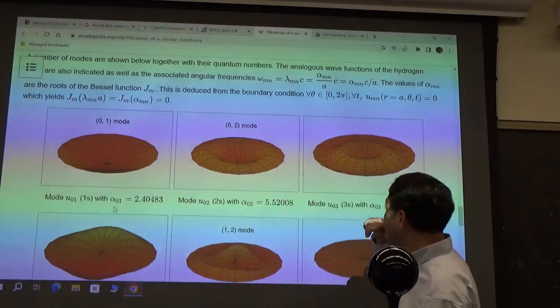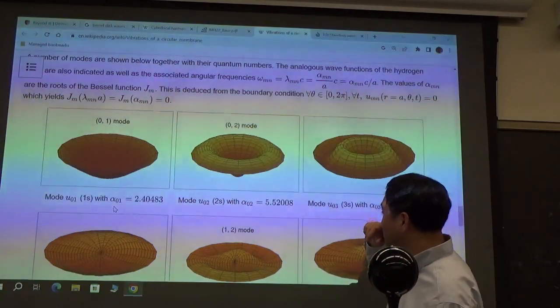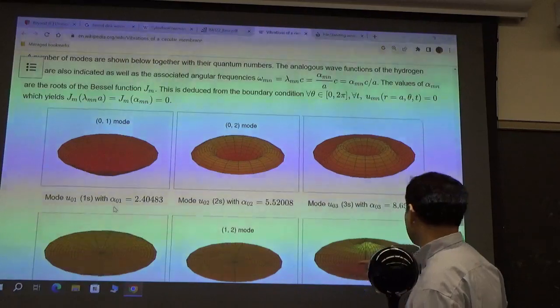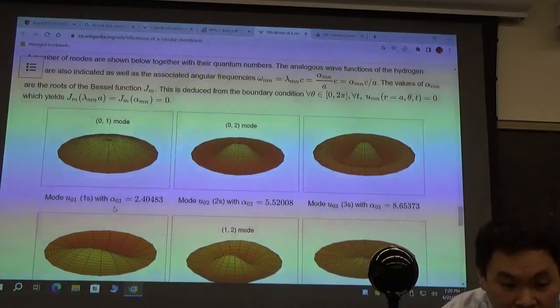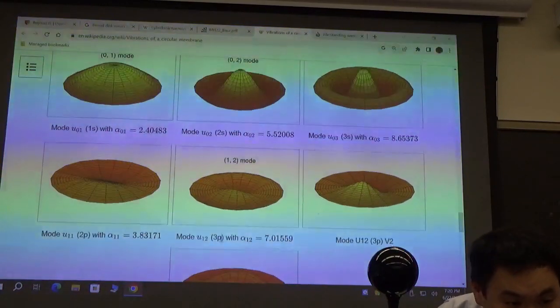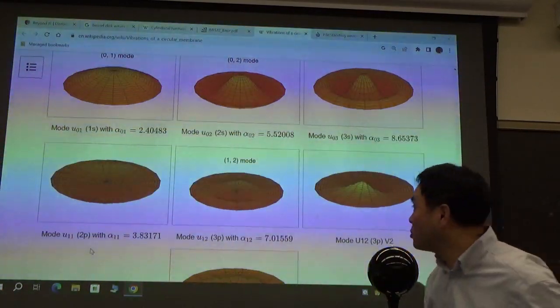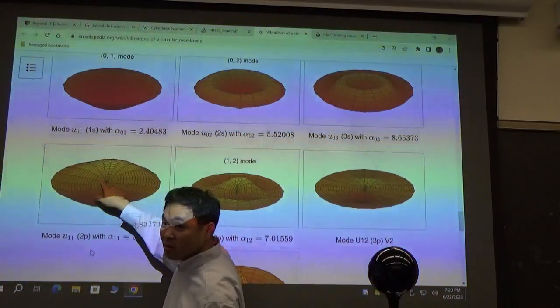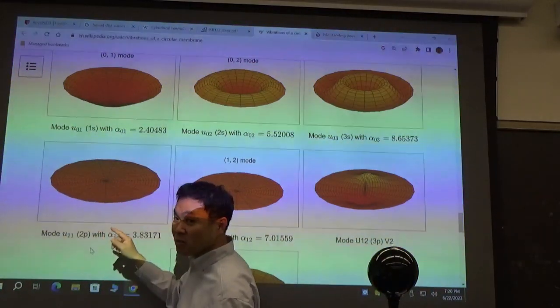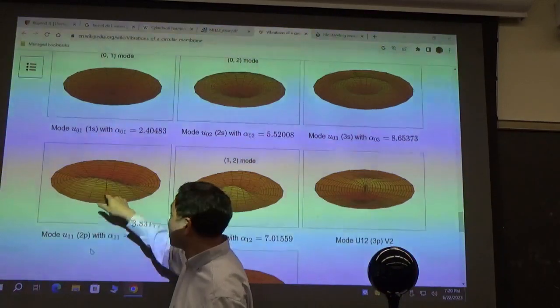You see, wait, just a minute. These other ones. Oh, yeah, so these are 0 ones. Let's see. Yeah, so if you look at alpha 11, for example, you see that the middle one doesn't change at all because the Bessel function J1 only has a 0 value.